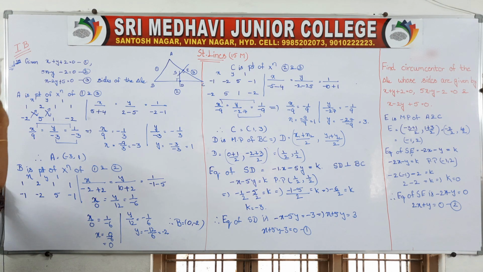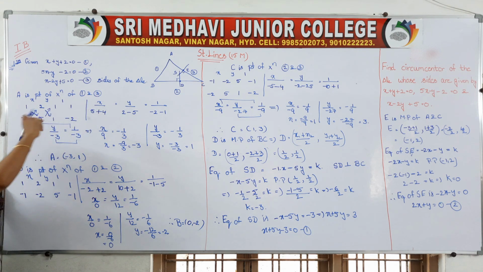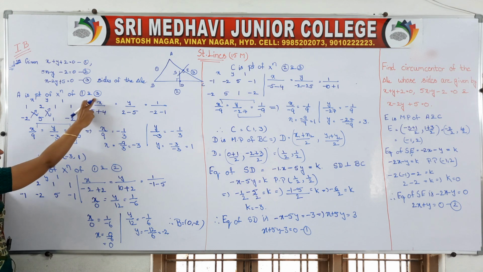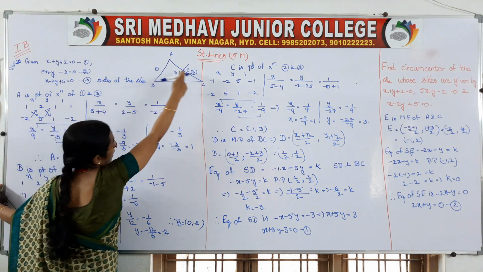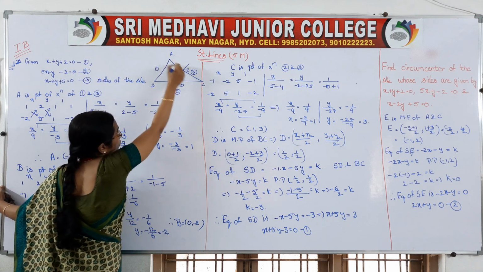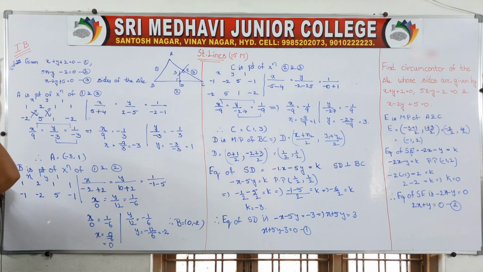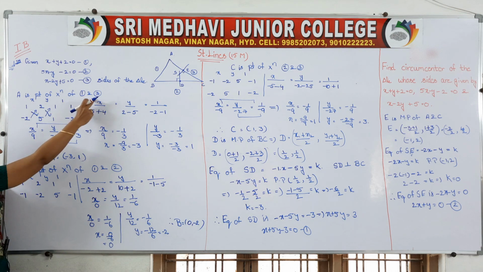First you find out the vertices A, B, C. First, A is the point of intersection of 1 and 3. By the point of intersection method we will find our A. See, if we take AB and AC like this, they will intersect at A. So A is the point of intersection of 1 and 3.